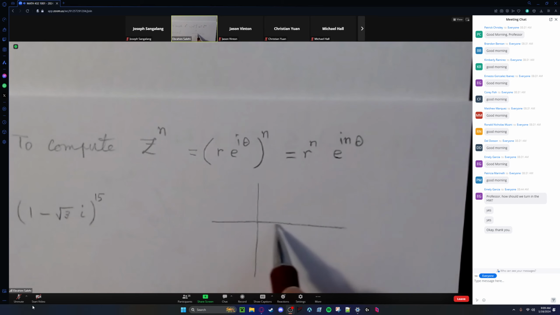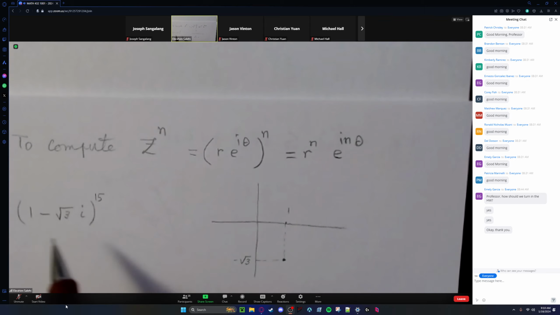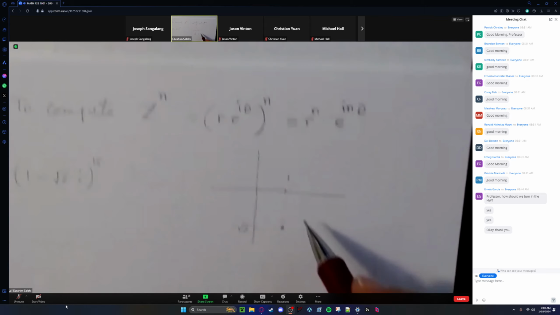Here is 1. Here's the square root of 3. Negative square root of 3. So this is the point, 1 minus the square root of 3.